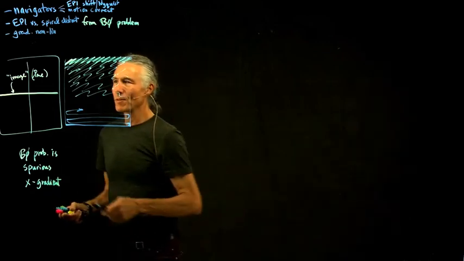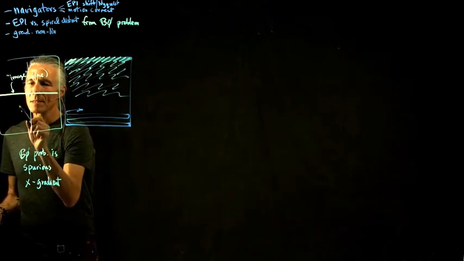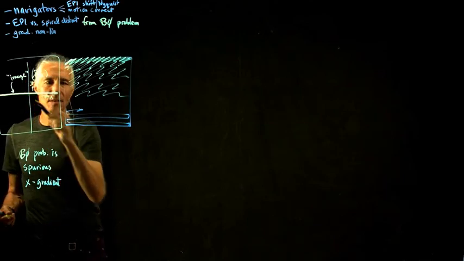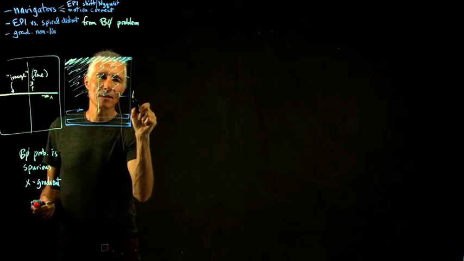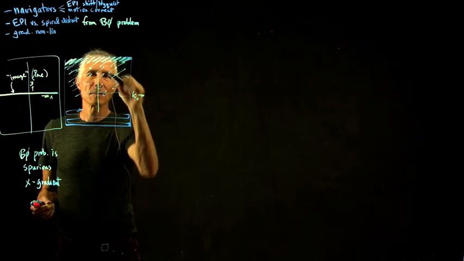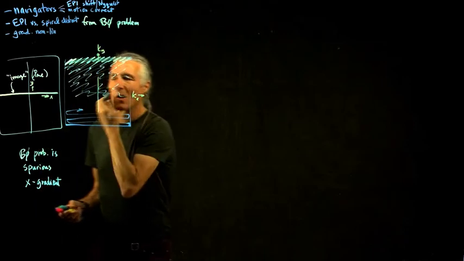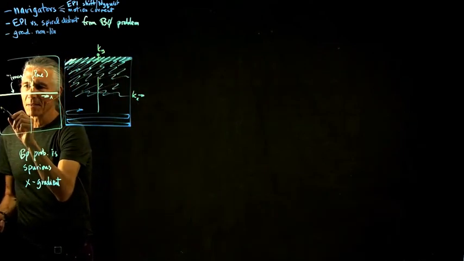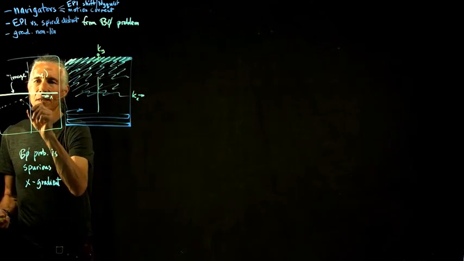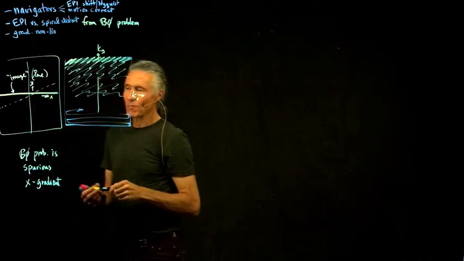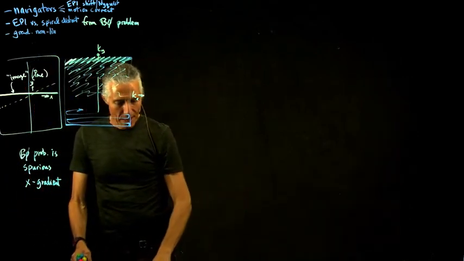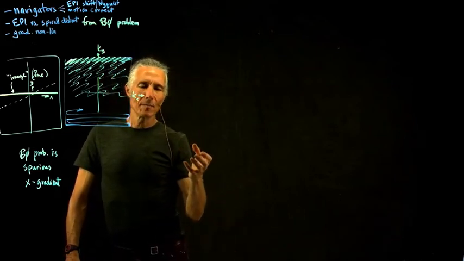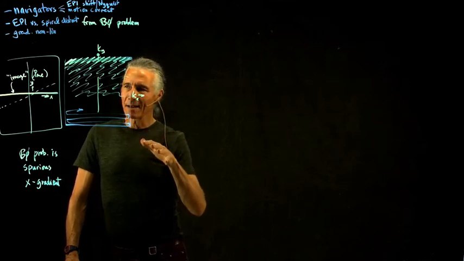And so what does that mean? Well, this is the image. So this is the X direction in the image and the Y direction, and here this is kx going that way and ky. There's an X gradient, and that means the gradient's going in this direction, and it's a spurious X gradient. And where could that come from? Well, an example is that we haven't talked about this yet, but you want to do shimming to try to flatten the B0.